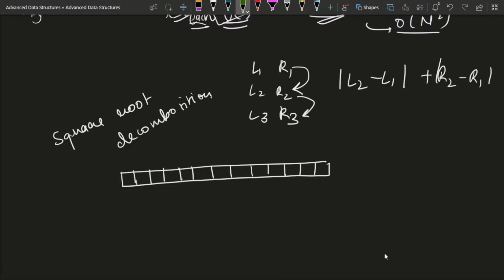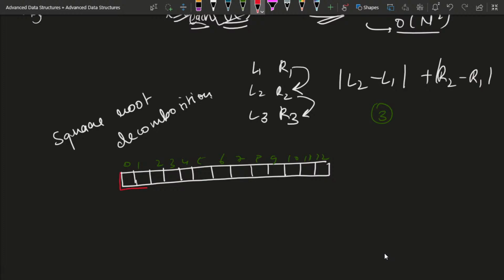Now suppose these were the indices, and the floor value of the square root of 12 would be 3. Suppose I am dividing my array into chunks.